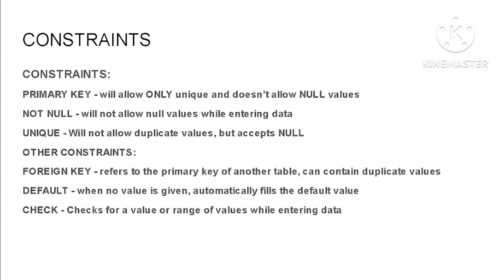Or in case you are getting the Aadhaar number of students, Aadhaar number should be unique. It cannot repeat. So you can give unique in that. But in case you don't know the number, you can leave it null. When you set something as unique, then that field can contain null value.